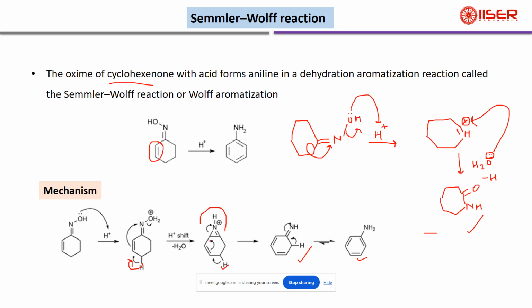After that, through ring bond cleavage of this strained three-membered ring, we get this intermediate, and through aromatization, we get the amine as our product.